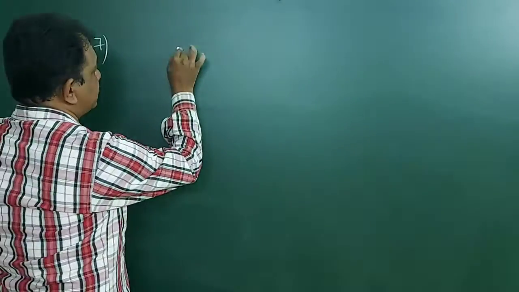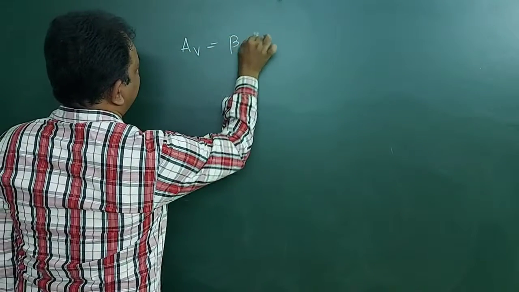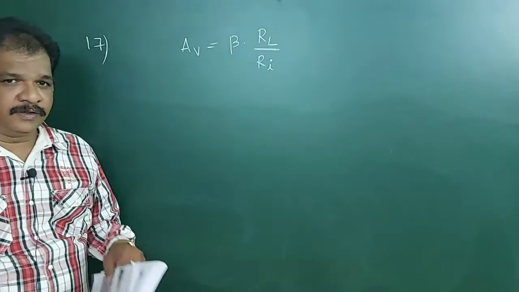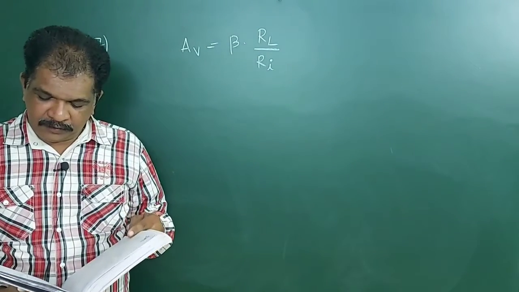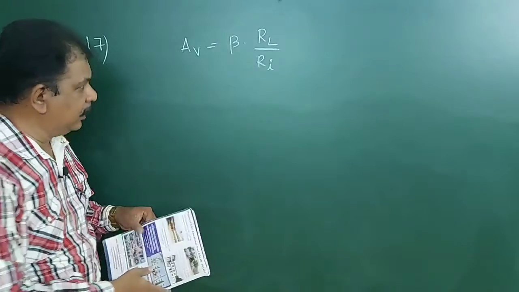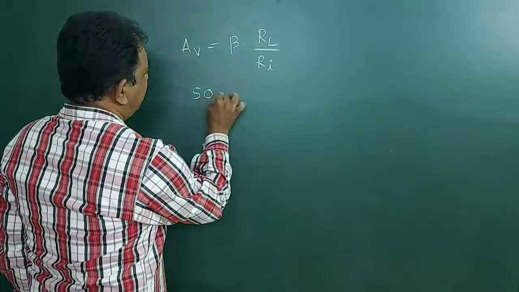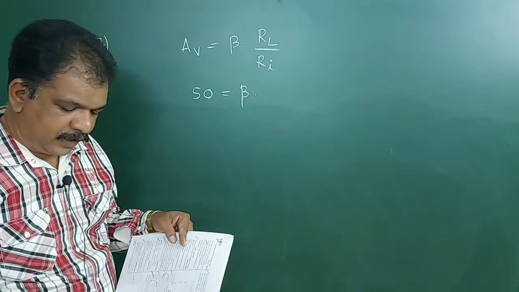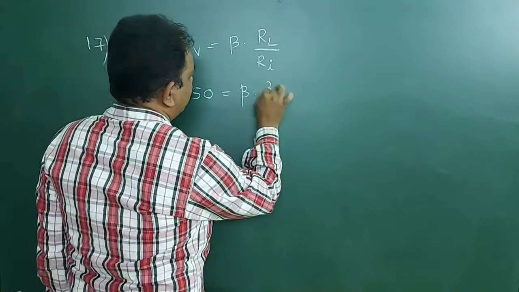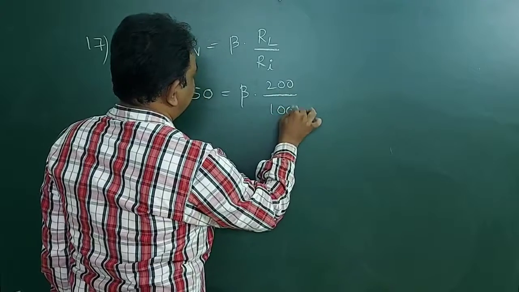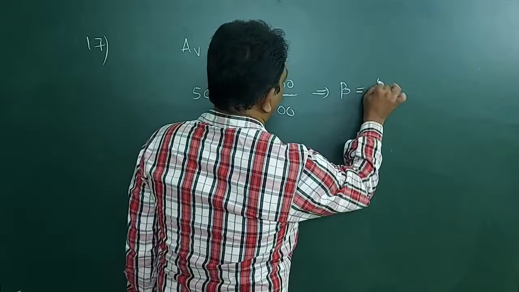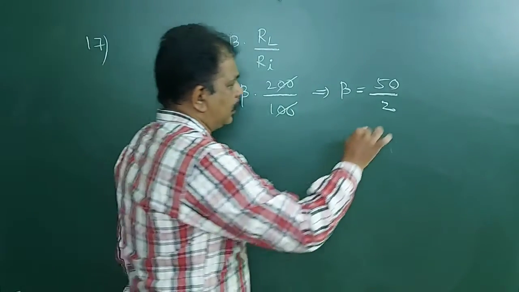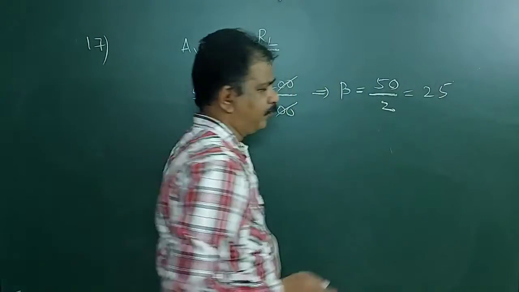So AV is equal to beta into RL by RI. We know this formula. Here AV value is 50, the voltage gain. Beta we don't know. Input resistance is 100, output resistance is 200. So 200 by 100. So beta is equal to 50 by 2. The 2 zeros will cancel, so beta value will be 25.